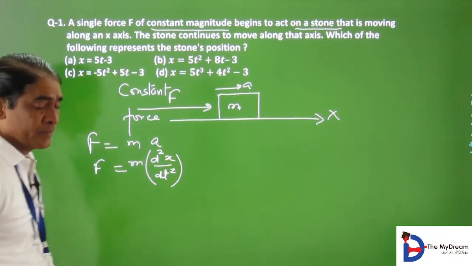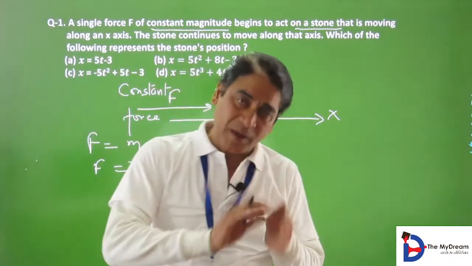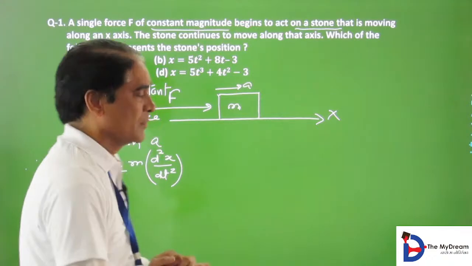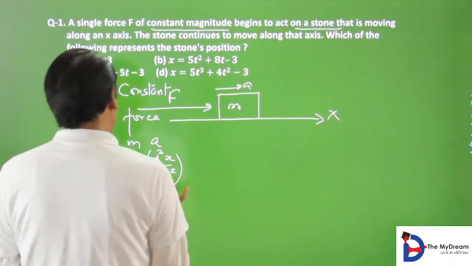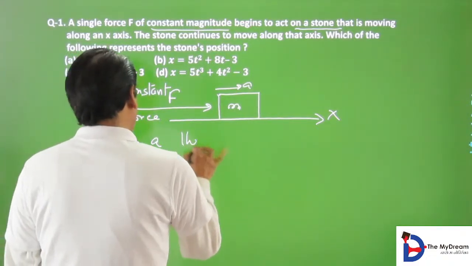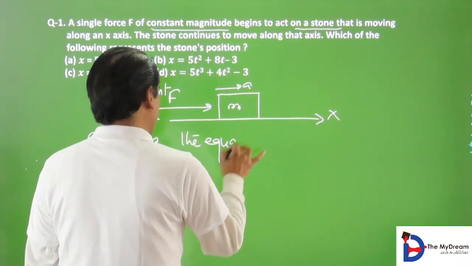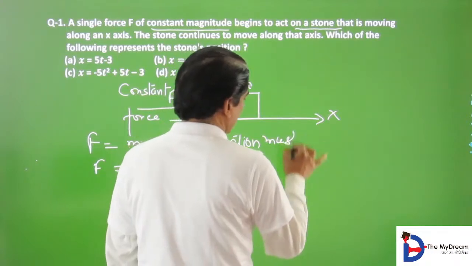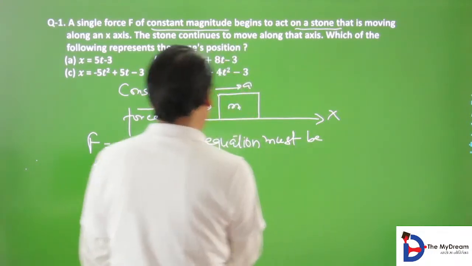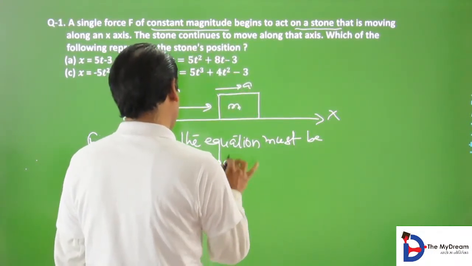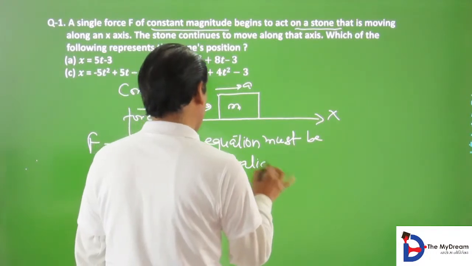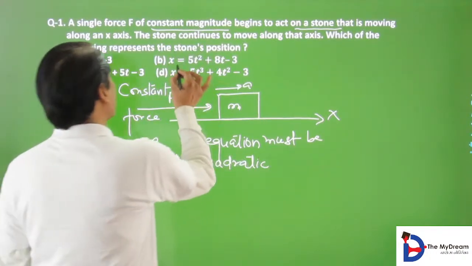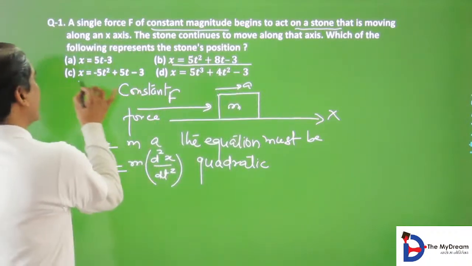It means the equation must be quadratic. So there are two options, one of them is this, another one is this.